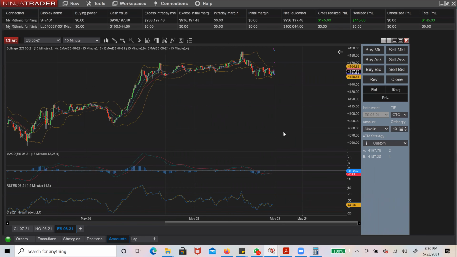Because I want to maximize my profit. In mini, you are paying $12.50 for ES, but in micro, you're only paying $1.25, and your margin is only $50, right? So I'm okay with that. If you have $500, you can buy 10.